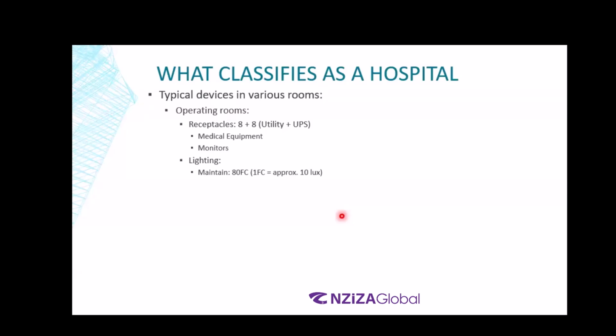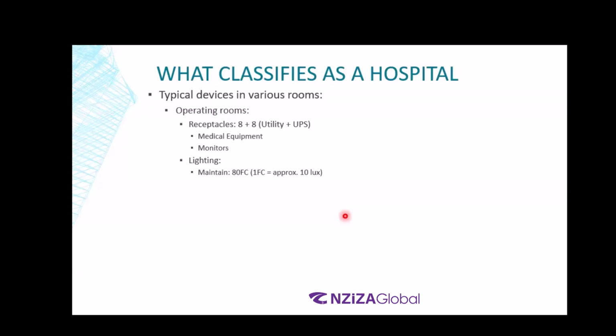Let's say there is 1000 lumen coming out of it. Lumen upon unit square meter is the formula for lux. Lumen upon unit square foot is the formula for foot candles.